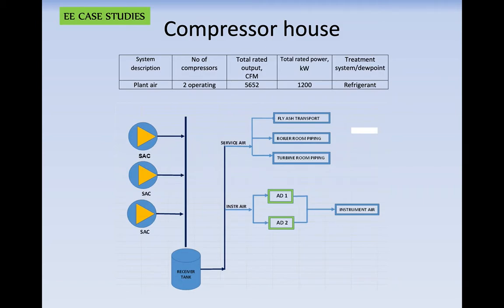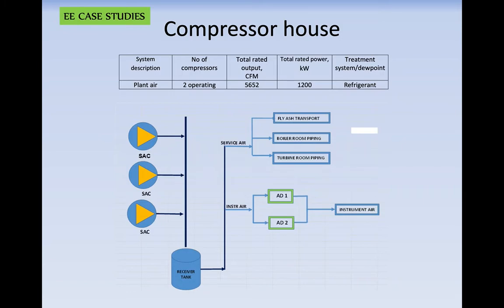In general, in every compressor house, only two compressors operate. When we visited, there were just two compressors operating in each compressor house.